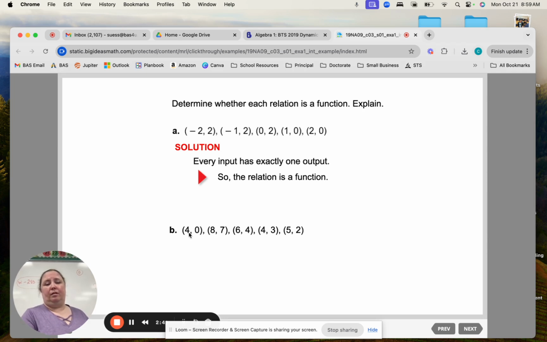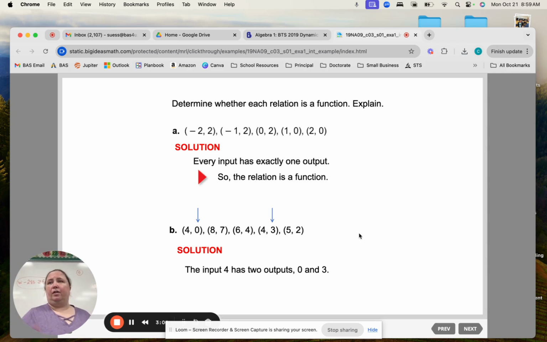If I put in all the x values, 4, 8, 6, 4, 5, and then I get outputs, 0, 7. What do you notice about this one? There's 2 4s. They have different outputs. Our rule is you can't have a different output for the same input. So the input 4 has 2 different outputs.